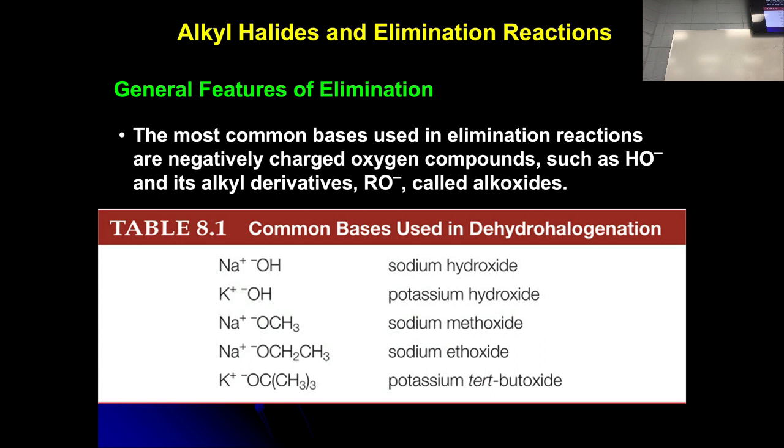Some common bases that are used in these types of reactions are things like sodium hydroxide, potassium hydroxide, but you might think, well, those can function as nucleophiles. He just showed us before the break that you could take an alkyl halide and sodium hydroxide and make an alcohol, for example, right? And so those aren't particularly great bases for this dehydrohalogenation.